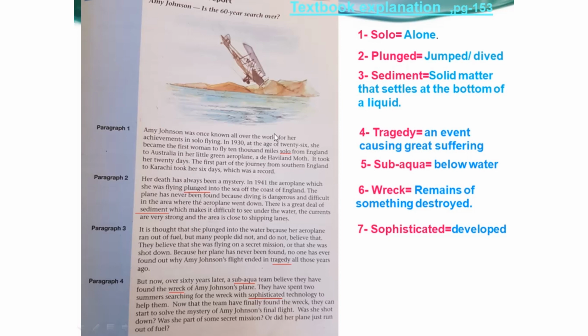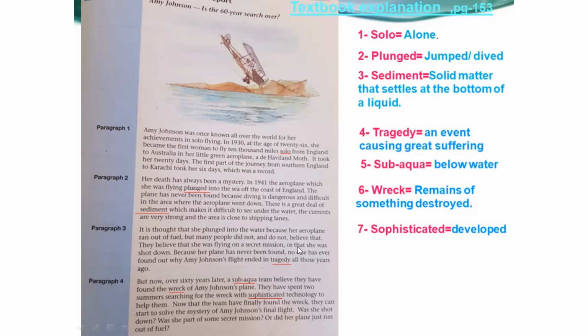In 20 days she flew from England to Australia. And there is another part of the first part of the journey. The first part starts from southern England till Karachi, and she finished that in 6 days. That is how she holds a record. After that she used to fly alone. She used to go here and there to explore, and during that her plane fell into the water and it remained undiscovered.